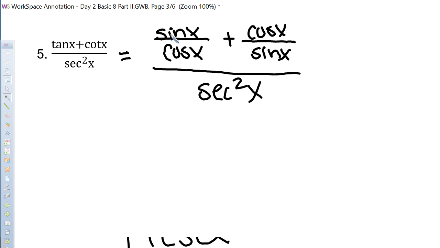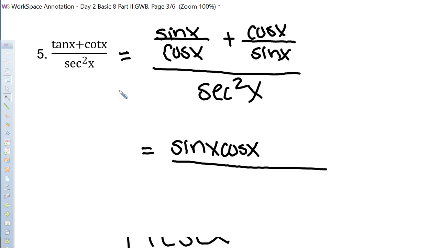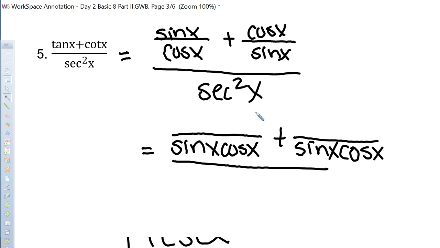Now, can I add those two fractions in the numerator? What do I have to have? Common denominator. What would the common denominator be? Yeah, we have to have cosine x and sine x. So this would be sine x cosine x, and sine x cosine x. So this first one had cosine, so what was it missing?